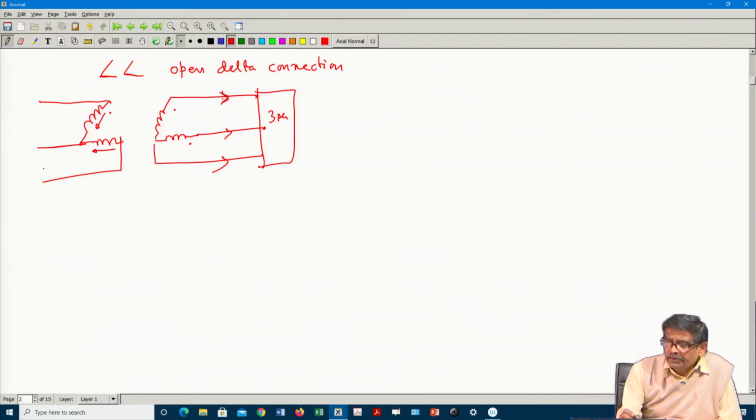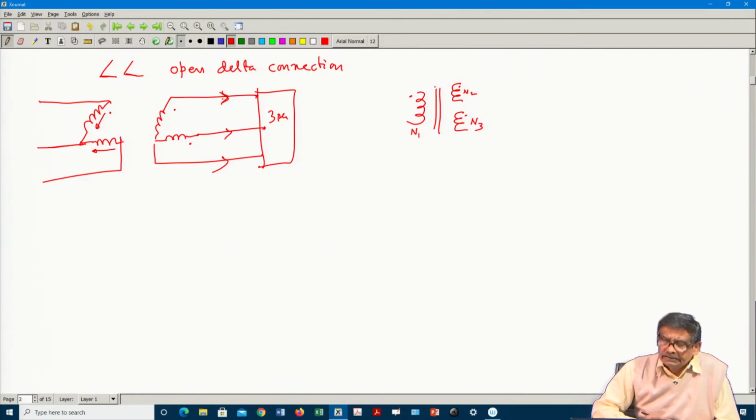For example, you have a transformer which has 2 secondary coils, and the turns are, say, this is N 1, this is N 2, this is N 3. Suppose these are the dots here, and these dots we can test and decide about.